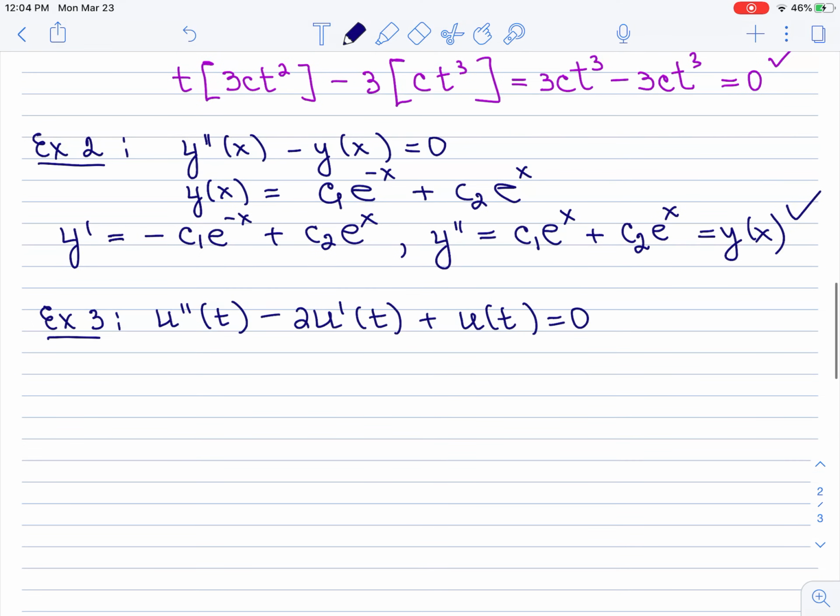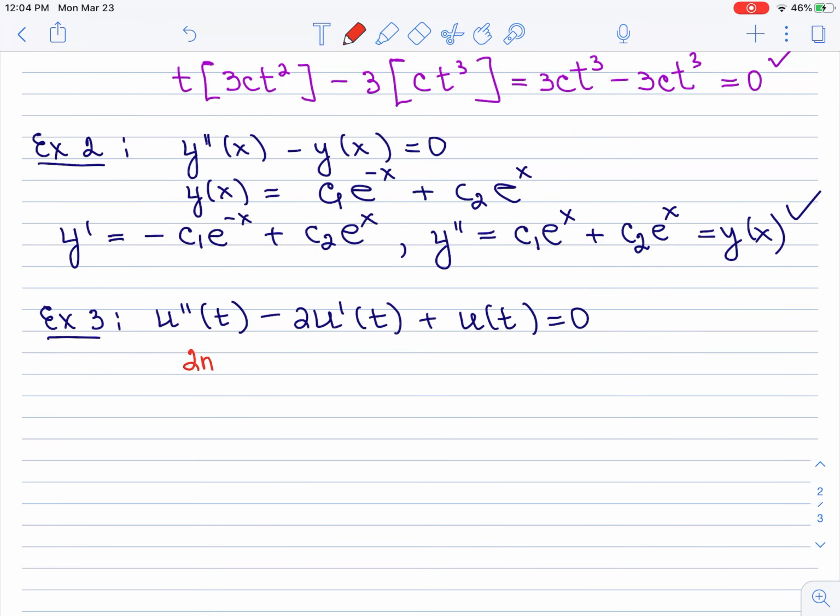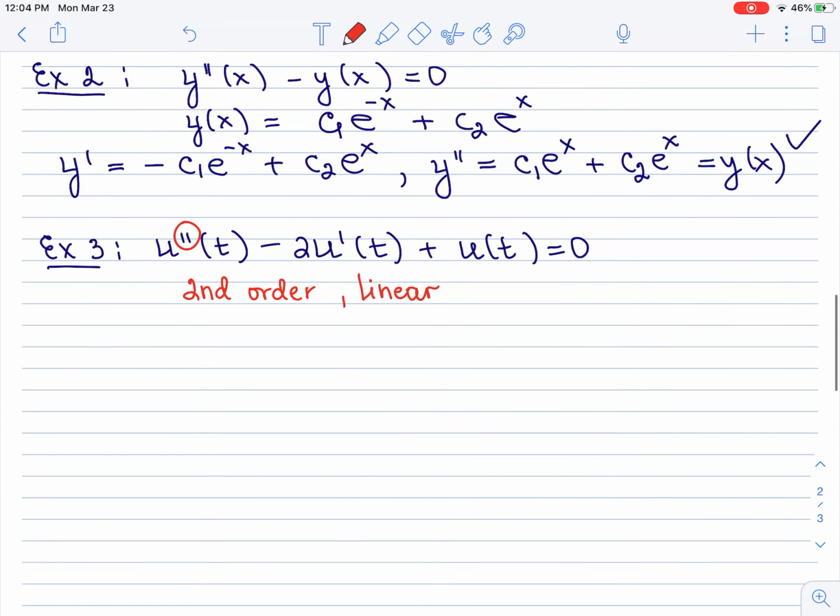So they say take the second derivative of a function, subtract 2 first derivatives, and add the function itself, you're going to get a 0. Okay, so what is the function u that satisfies this? Just to review our terminology, this is second order, linear. Okay, second order linear differential equation.